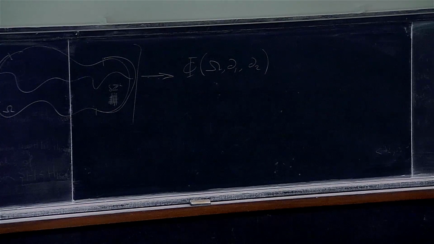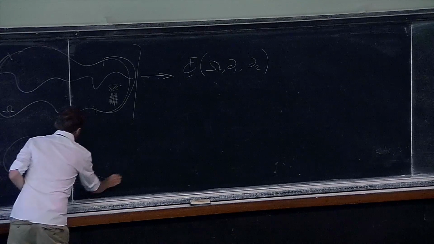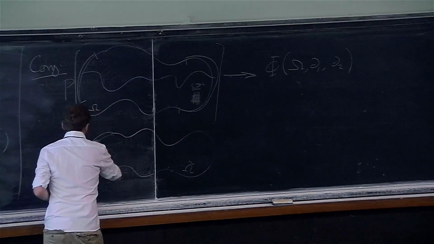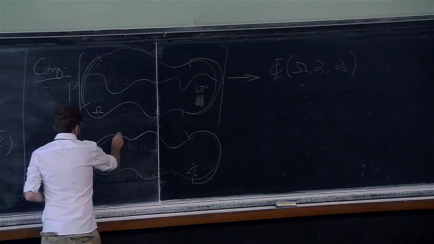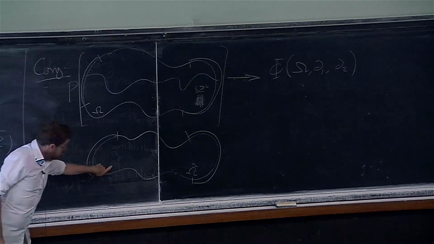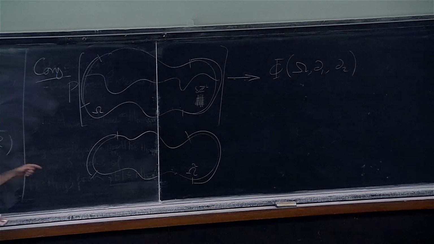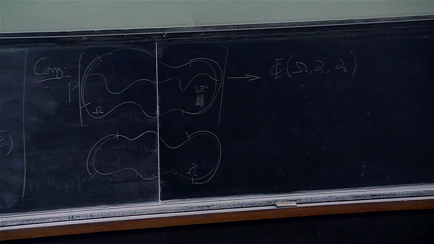And moreover, this function is supposed to be conformally invariant, meaning that if you have another domain, omega tilde, with again two boundary arcs, but where this domain is conformally equivalent to this one, so meaning these 4 points have the same cross ratio or something like that, then the limit is expected to be the same.